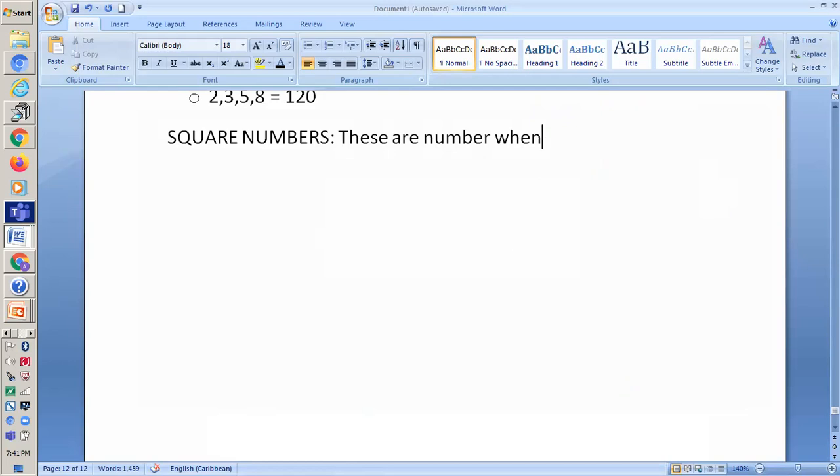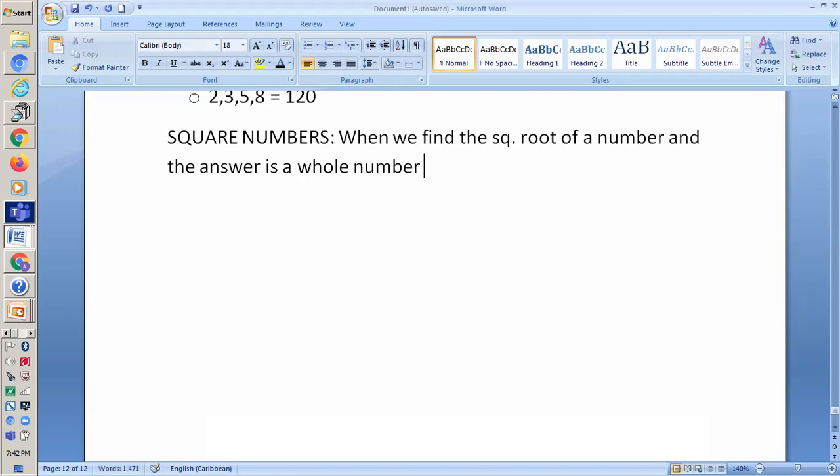So when we find the square root of a number and the answer is a whole number, then the original number, not the answer, is a square number.